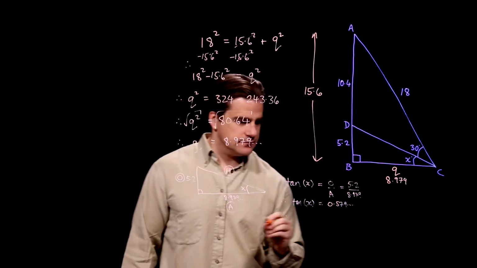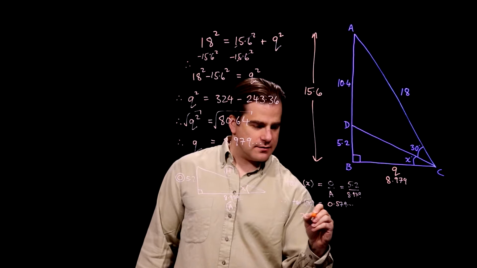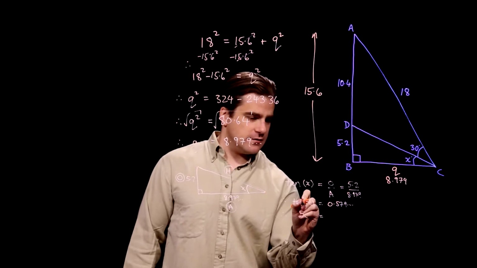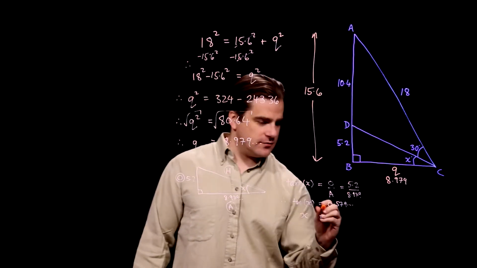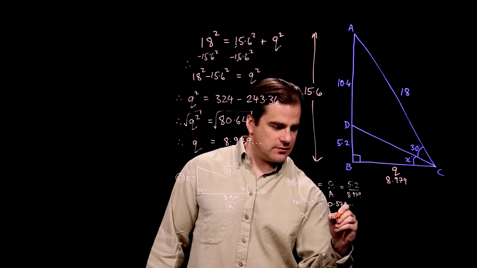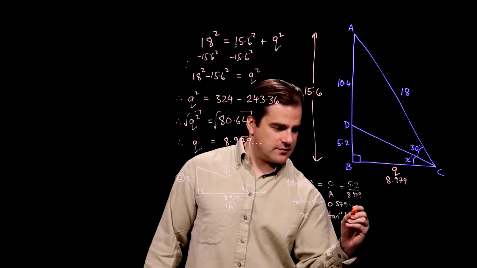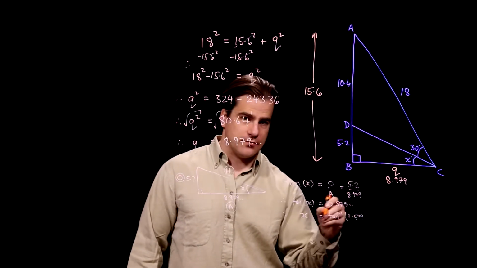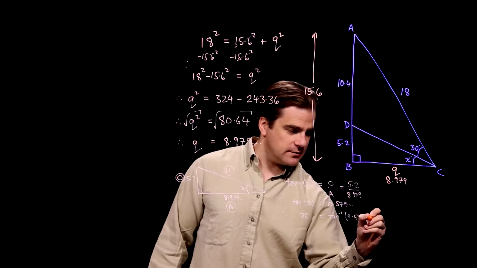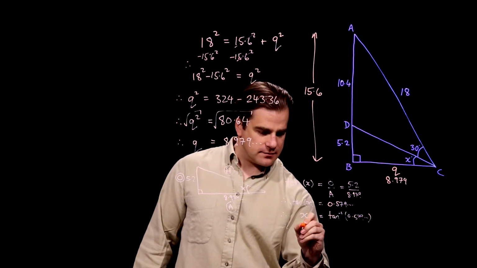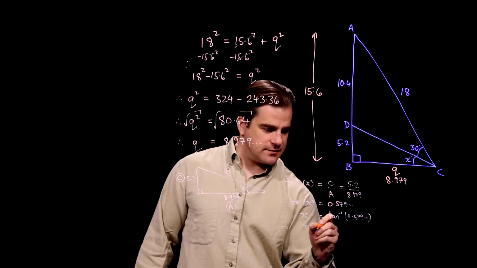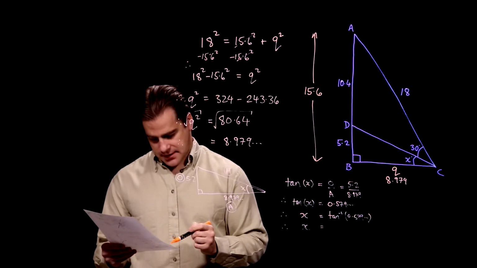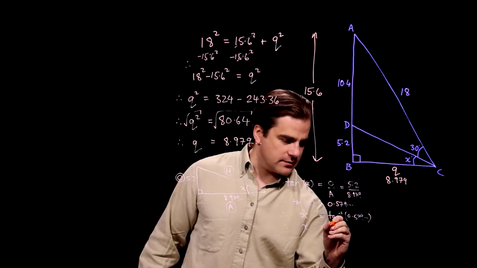Therefore, if the tan of x is this, then to get the actual angle, you have to use the inverse tan function on your calculator. And then you use your recall function to get the whole number. Therefore, x is, in your calculator, inverse tan of that, which is 30.073.